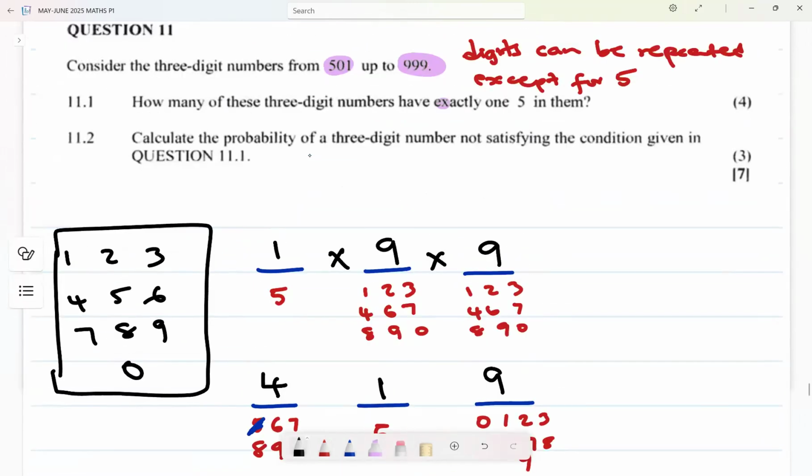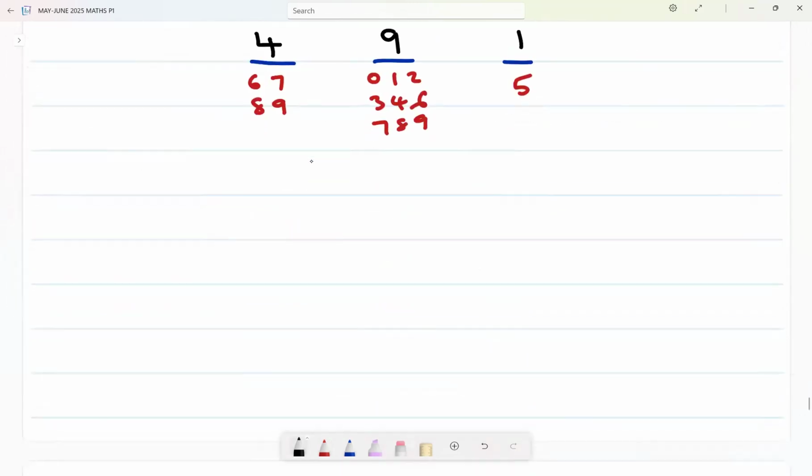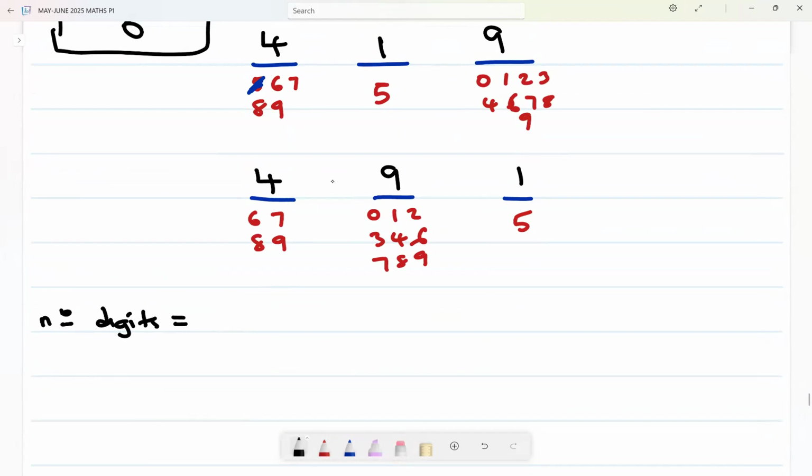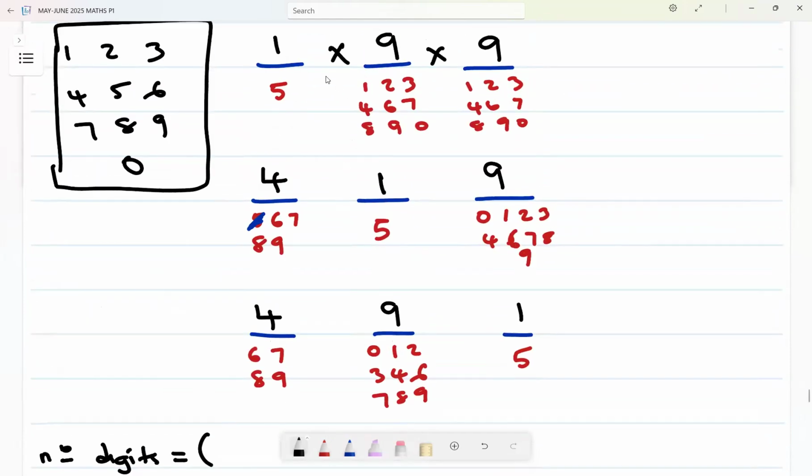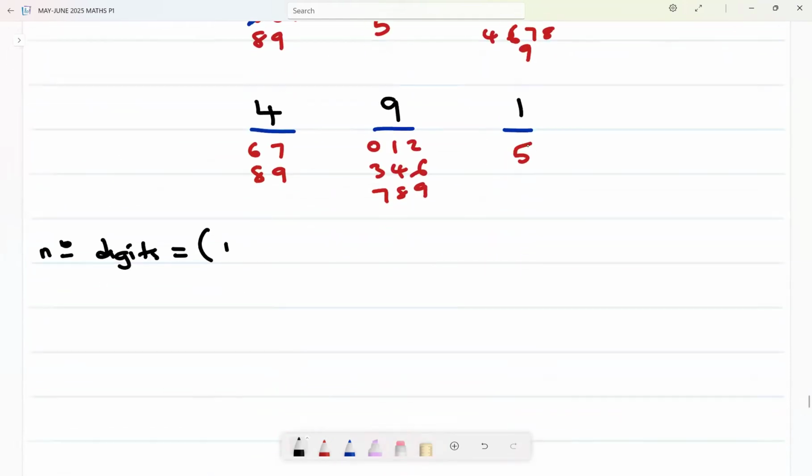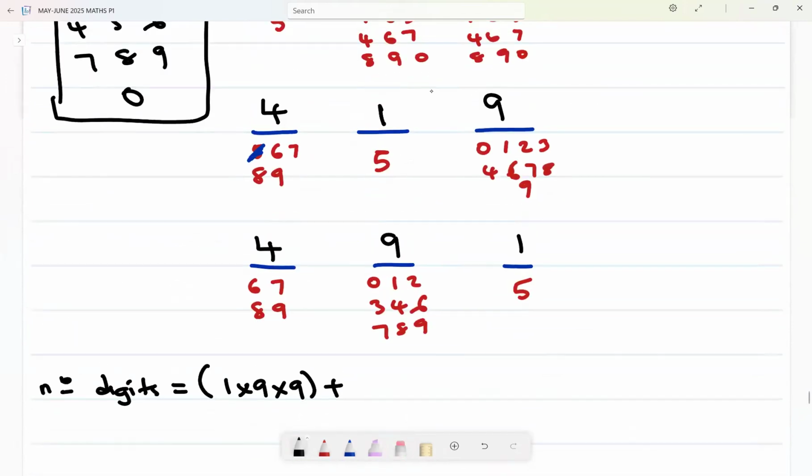So the number of digits that you can do is going to be equal to what? The first one is 1 times 9 times 9, plus the second one, which is 4 times 1 times 9.